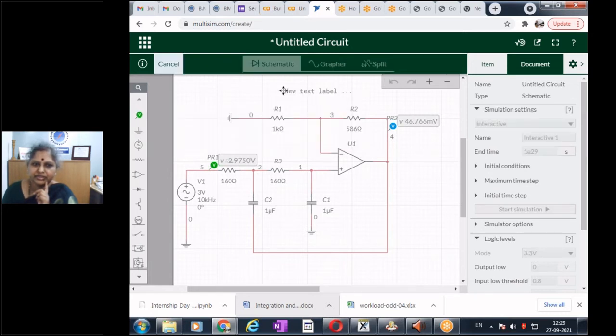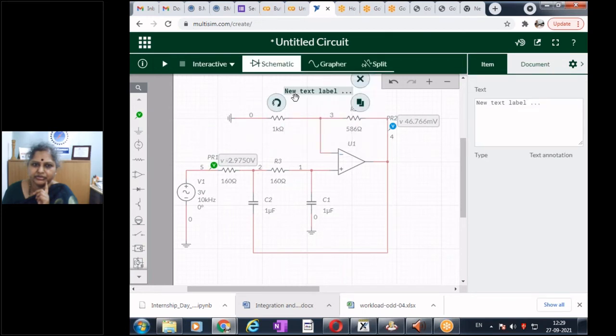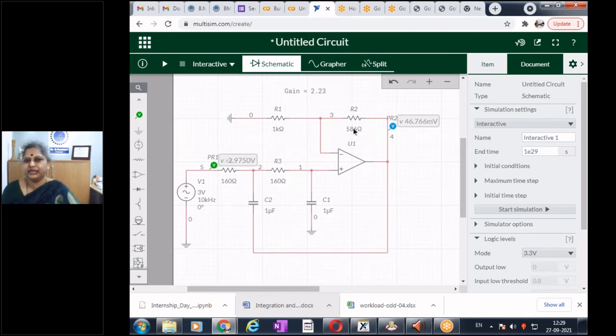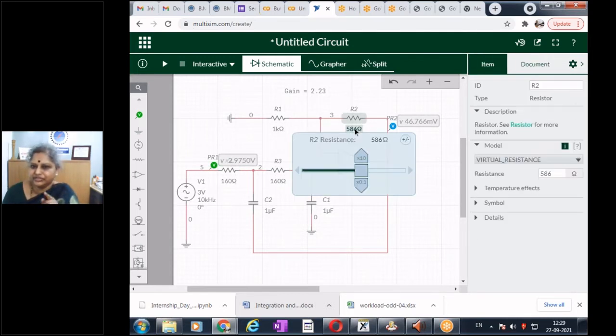I will set this for a gain equal to 2.23. So I have to set this resistor, this is 1K, I will set this resistor to a value of 1.23K.